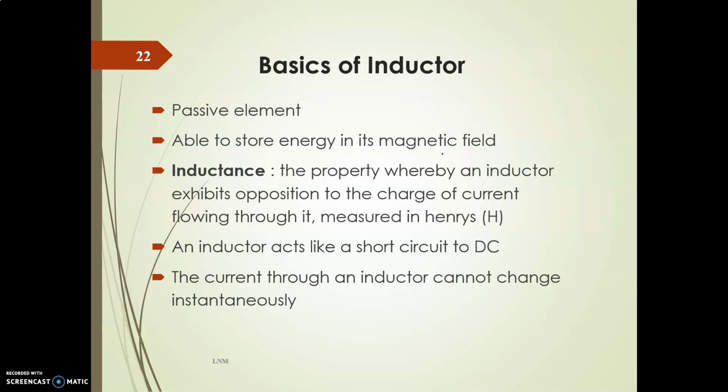The current, same as capacitance, cannot change its value instantly or shortly, but it will reduce slowly, step by step, not just instantly to 0, for example. So same as inductance, the current through an inductor cannot change instantaneously.